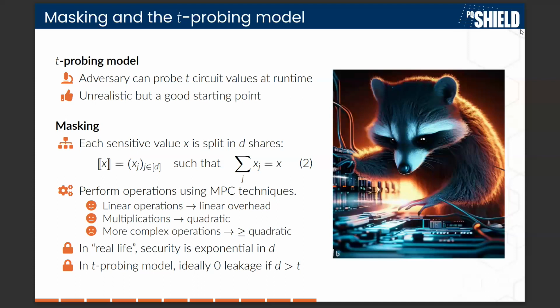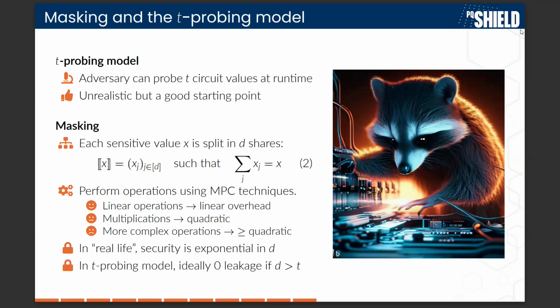So if you split values into D shares so that all the shares are random, subject to the constraint that they add up to the actual secret value, then you can get T-probing security using MPC style techniques. If your operations are linear, then they interact nicely with this linear sharing, and everything can be done quite efficiently.